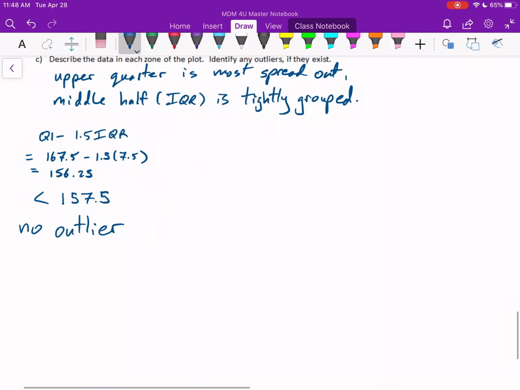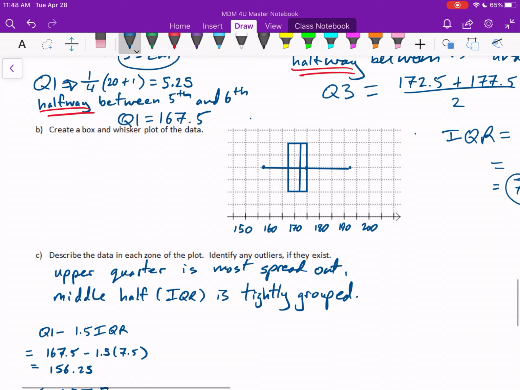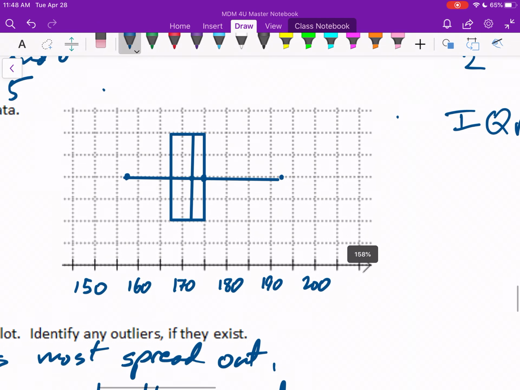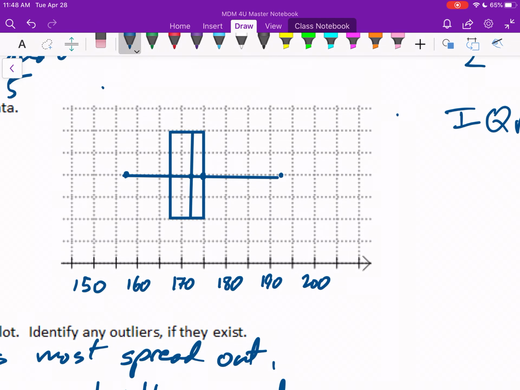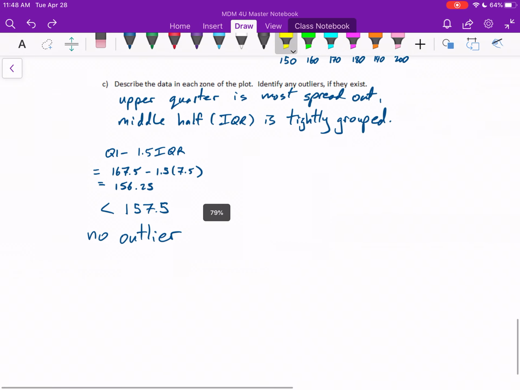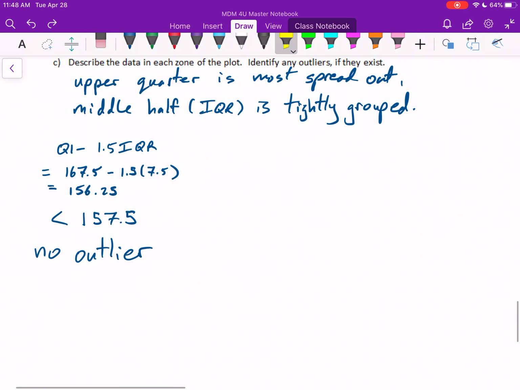Let's check the upper end, see if there's any outliers on that end. Remember, again, we might expect to see some outliers on this end because this upper end is so spread out. For that one, the formula was Q3 plus 1.5 times the IQR.